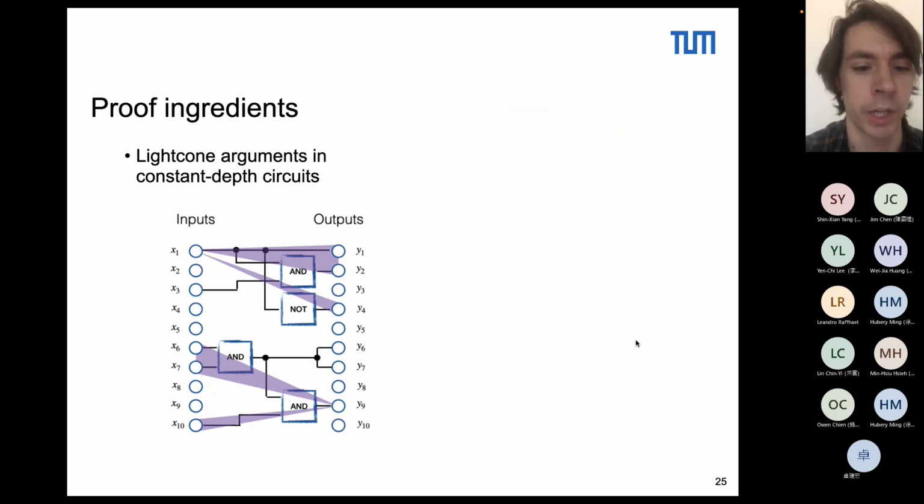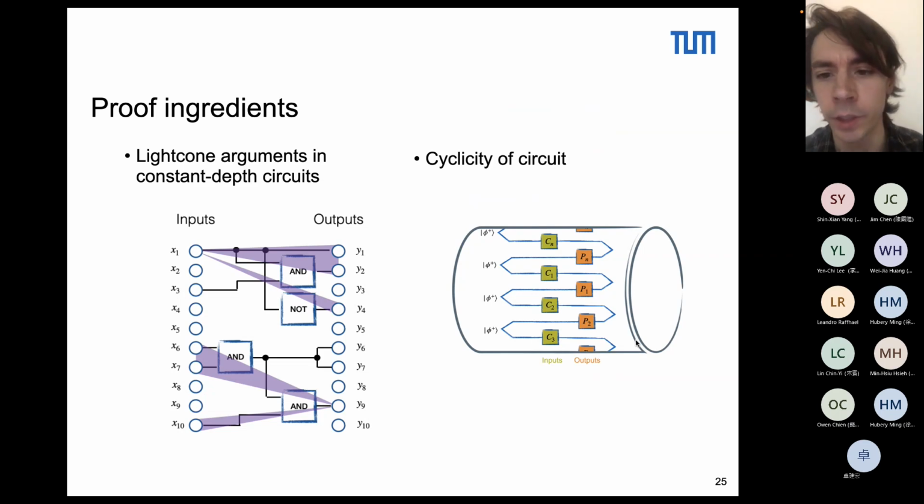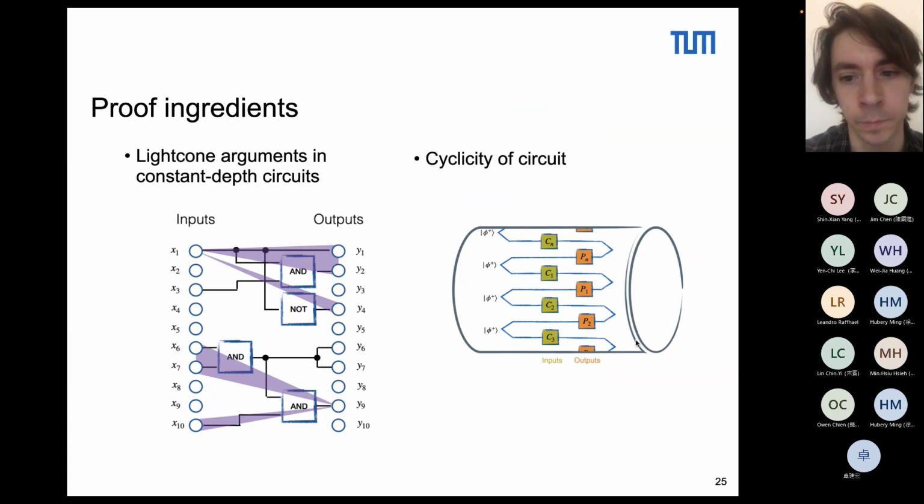So it cannot change all of the circuit because it's constant depth. It's going to change just a small part of the circuit. The other important ingredient is the cyclicity of the circuit, so that we can rotate and commute a constant number of Pauli gates, and I won't go into the details.